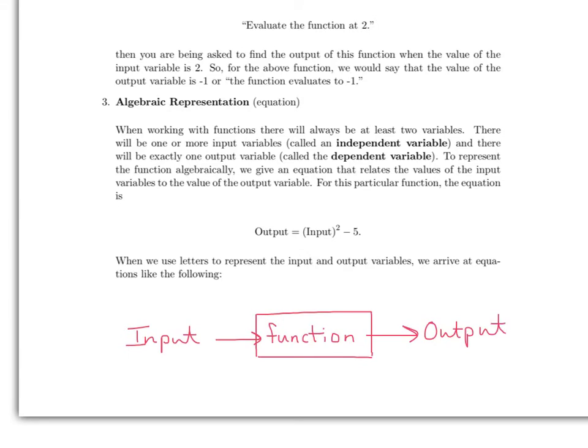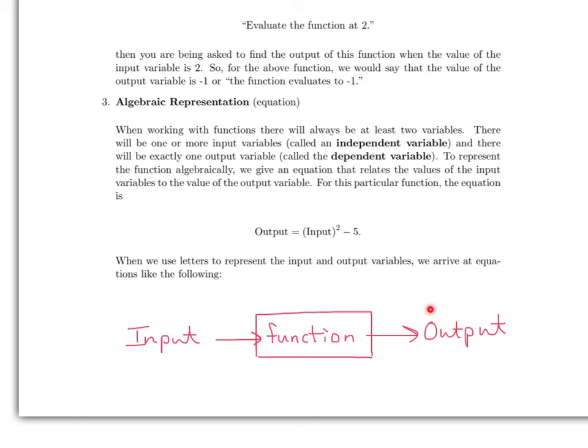So when we say a function has at least 2 variables, let's think about that. The number you put in can change. It's variable. So the input represents one of the variables. The number you get out varies also depending on what you put in. So the output is another variable. The output depends on what you put in.